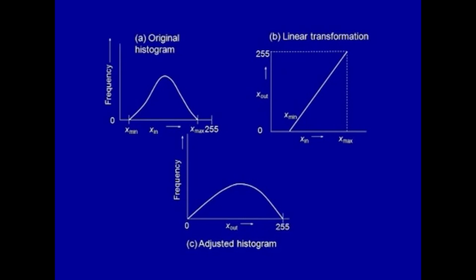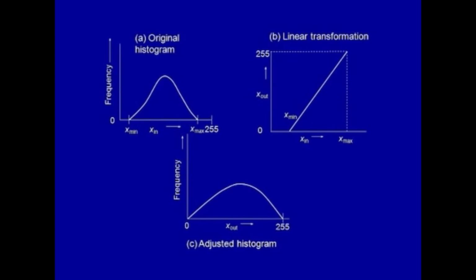In between, we have the different input values of each pixel, and this is represented as x_in. When we perform the minimum maximum stretch, this is an activity wherein the lookup table of the computing of the display device would be modified.